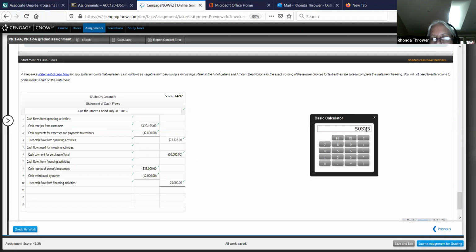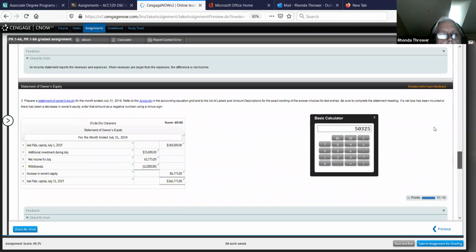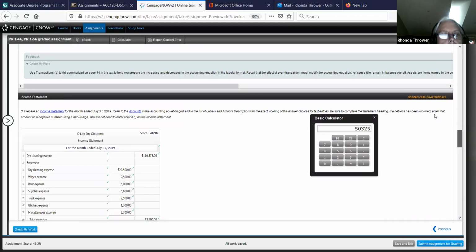And that will equal 50,325. This is a positive amount here. So this part right here has to be an increase in cash for that time period.